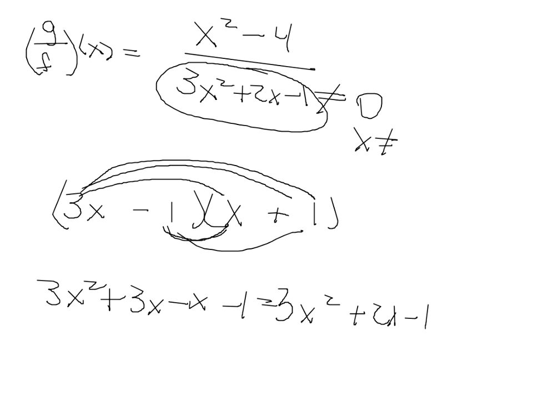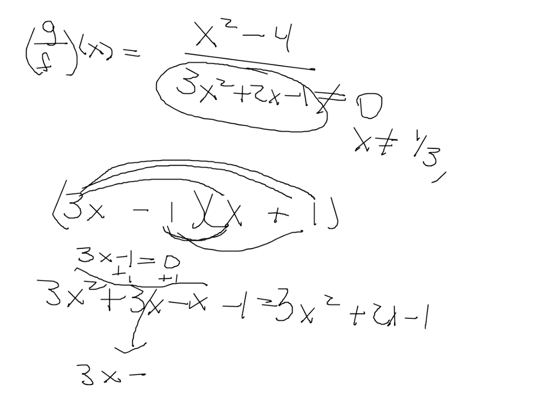So x can't be 1/3. So take 3x minus 1, and we don't want it to be equal to 0. So add 1, and we get 3x equals 1, divide by 3, and we get 1/3.